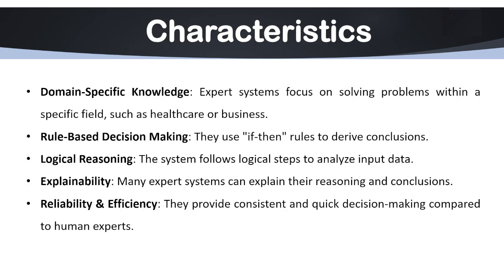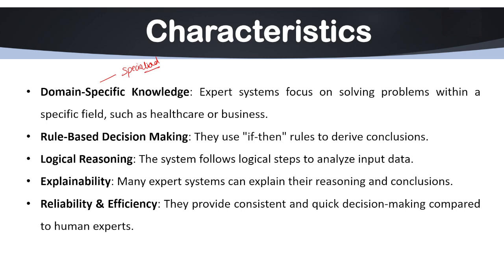Now next we have some characteristics. So the first characteristic we have is domain specific knowledge. Domain specific knowledge in AI refers to specialized knowledge tailored to a particular field or industry.